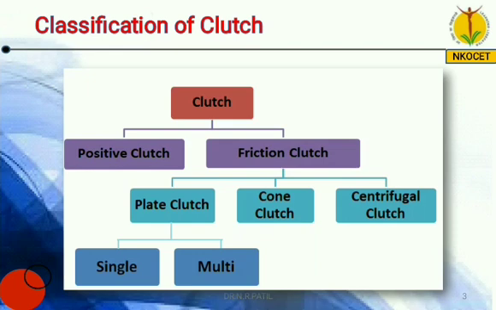The best example for a single plate clutch is a heavy duty vehicle, where space is available, and multi plate clutches are used in two wheelers where the space is very small. The torque transmitted by the clutch is divided among a number of plates. That's why it is called a multi plate clutch.